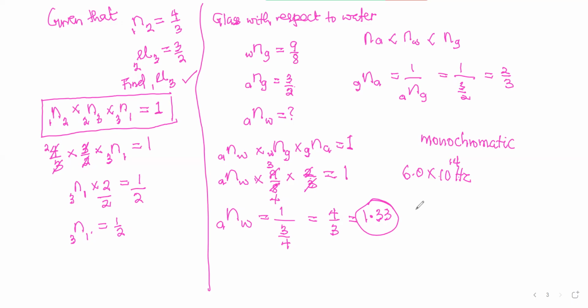It crosses from air into a transparent material where its wavelength is measured to be 300. So lambda in the transparent medium is 300 nanometer.